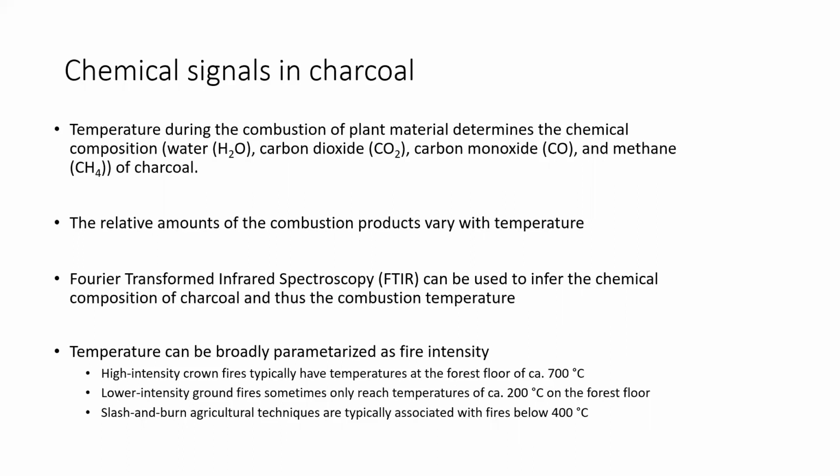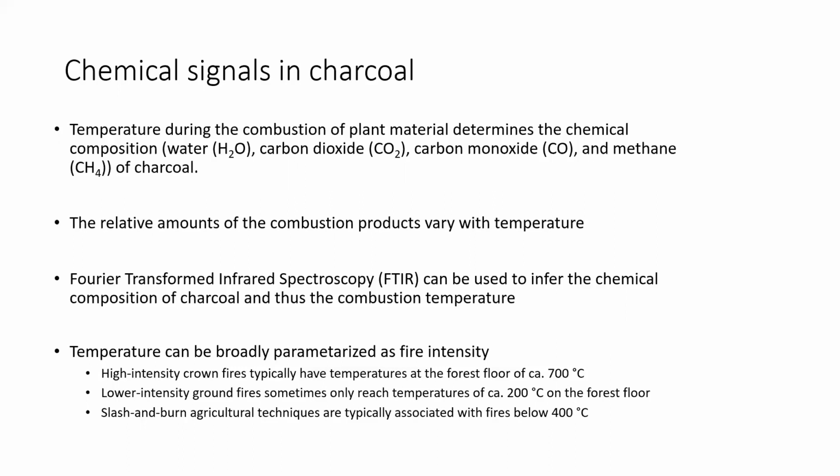temperatures of 700 degrees. Whereas when we have these ground fires burning at a lower intensity, not necessarily killing all the trees, they usually reach circa 200 degrees. And when we have slash and burn agricultural techniques, they are typically associated with fires below 400 degrees.